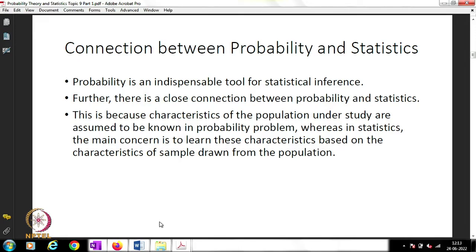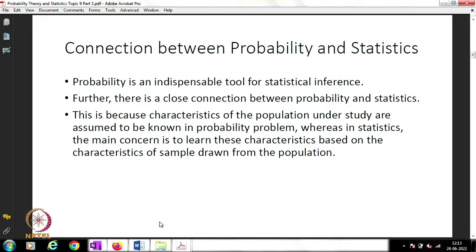The connection is that the characteristics of the population under study are assumed to be known in probability problems, whereas in statistics the main concern is to learn these characteristics based on the characteristics of a sample drawn from the population.